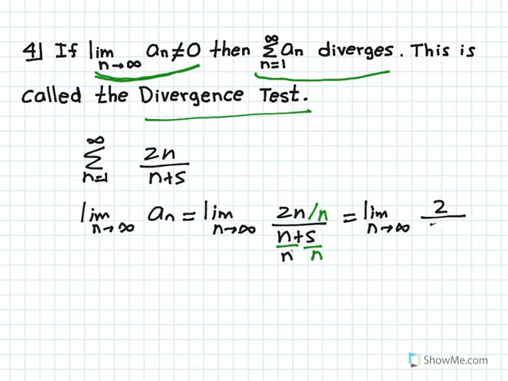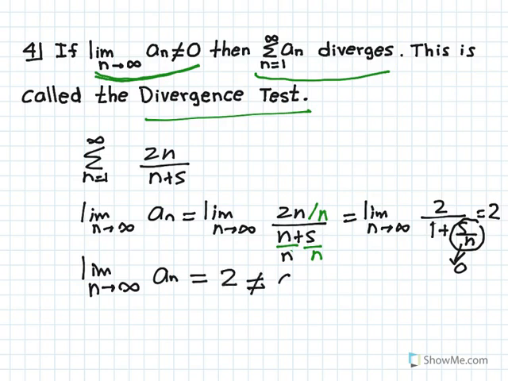So we get n over n is 1 plus 5 over n. Take the limit as n approaches infinity, 5 over n approaches 0, and the result is 2. The limit as n approaches infinity of a sub n is equal to 2, which does not equal 0. Therefore, the series diverges.